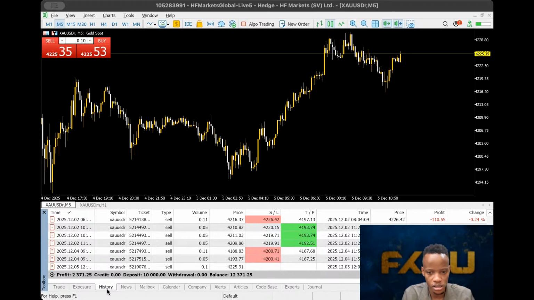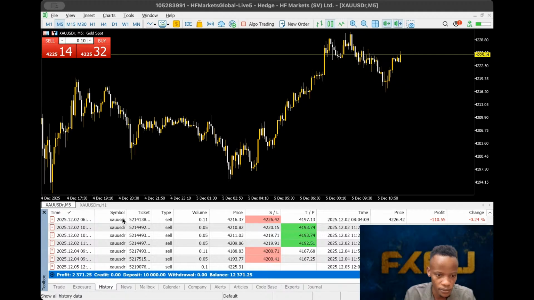So the deposit is 10K. The profit, 200,371. Now the history for the past week, I want to see how much we made last week.